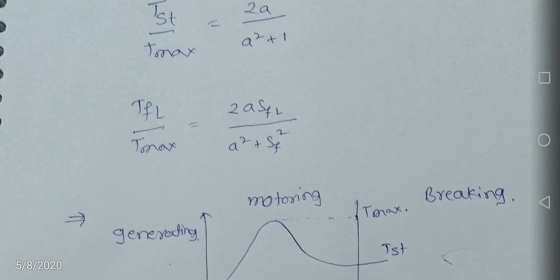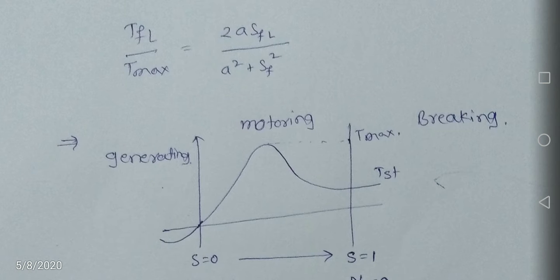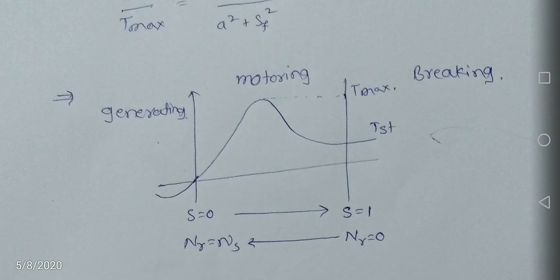Full load torque by maximum torque equal to 2A SFL by A square plus SFL square, where A is R2 by X2. So here see the torque slip characteristics.